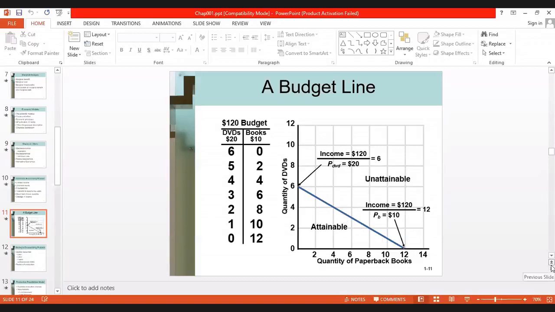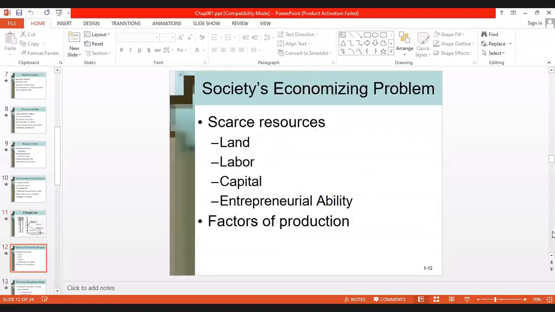So this shows an individual facing the individual economizing problem. Like that, society, government, country, and the economy also face the same problem.